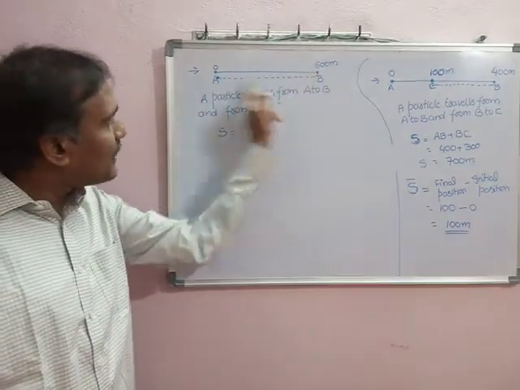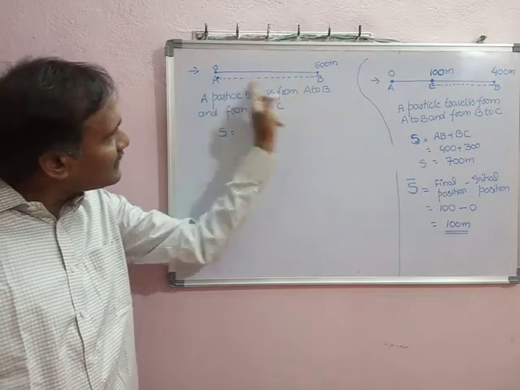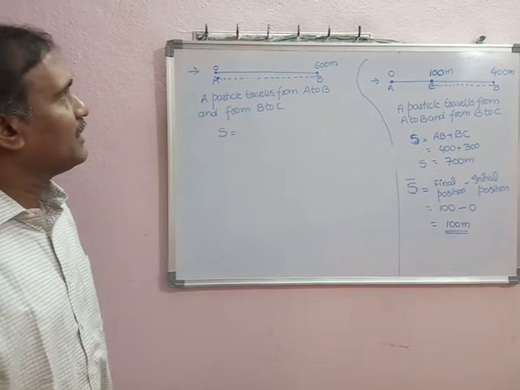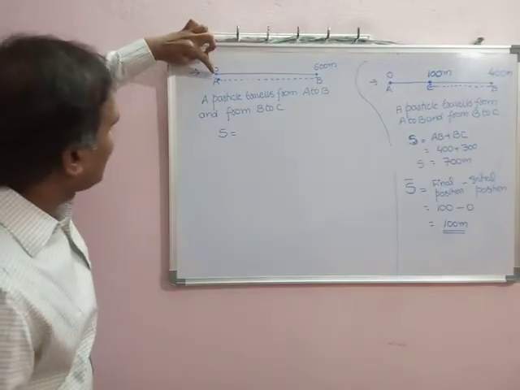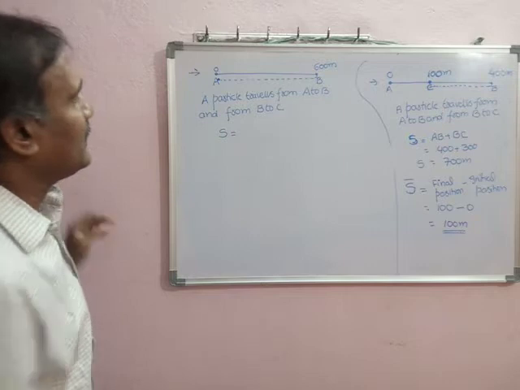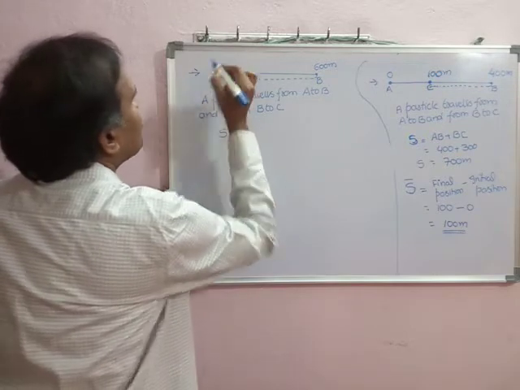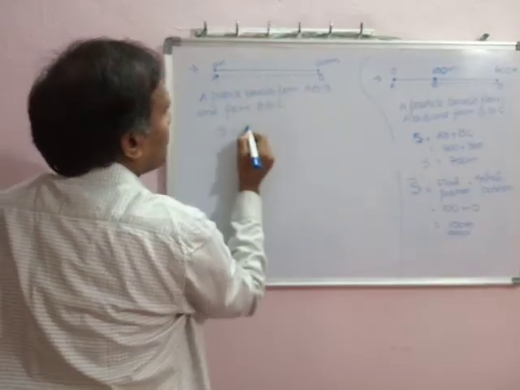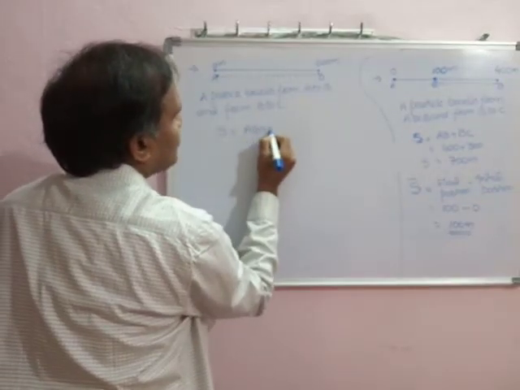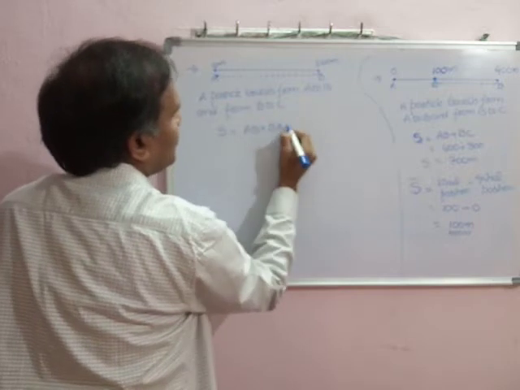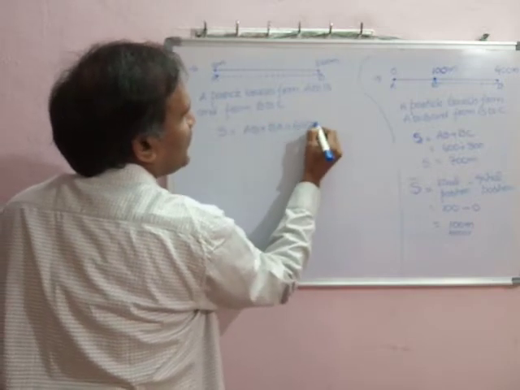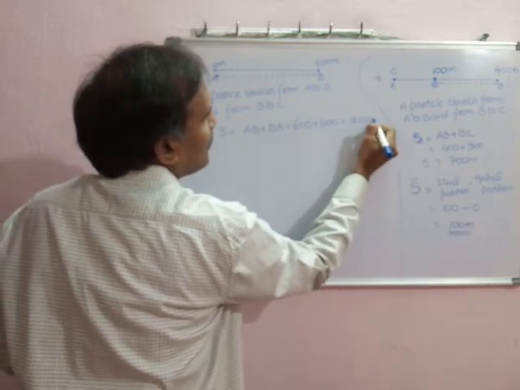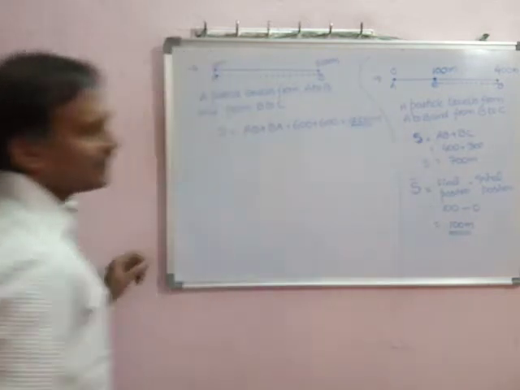What is its total length? AB plus BA. AB is 600 meters, BA is 600 meters, completely it becomes 1200 meters.